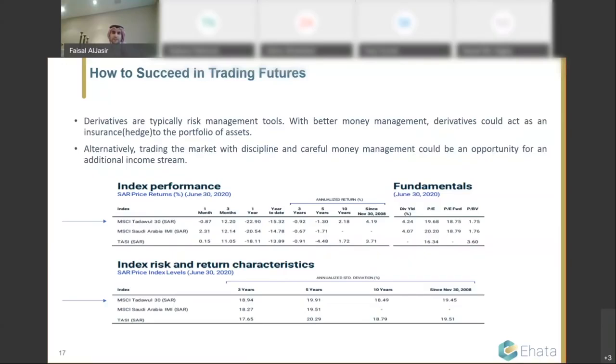As you can see here in the graph, this is giving a snapshot as of June 30, 2020, regarding the MT30, which is the underlying of the future, the subject future we're talking about.